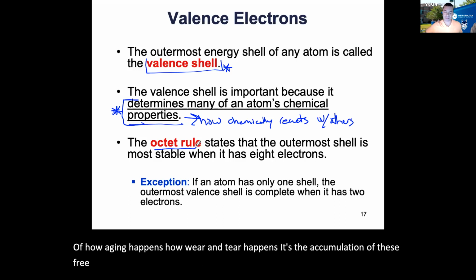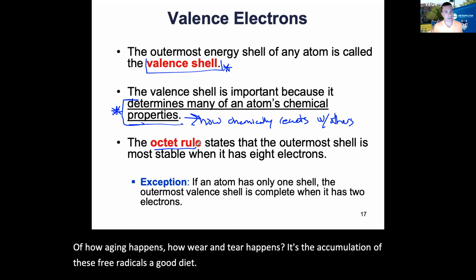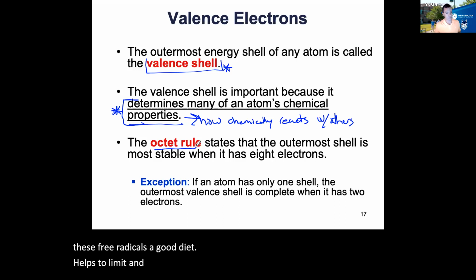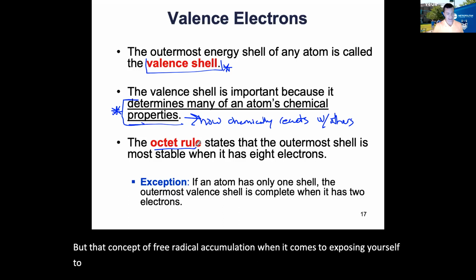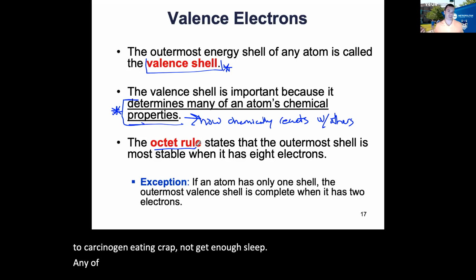A good diet helps to limit and reduce that. But exposing yourself to a carcinogen, eating poorly, not getting enough sleep, any of those things can cause the production of free radicals. Stress can cause the production of free radicals.